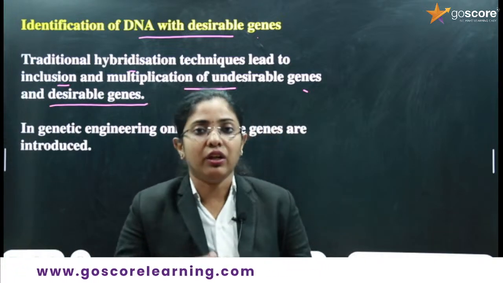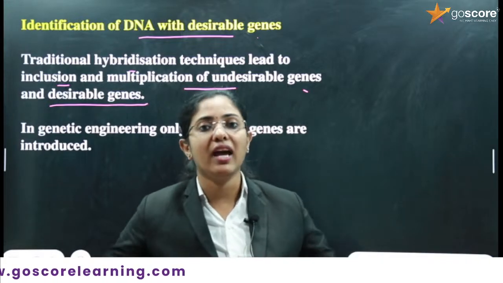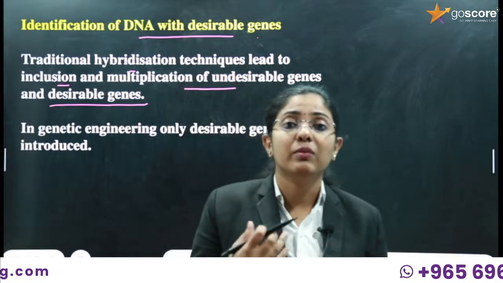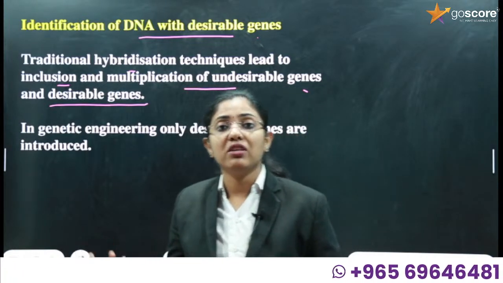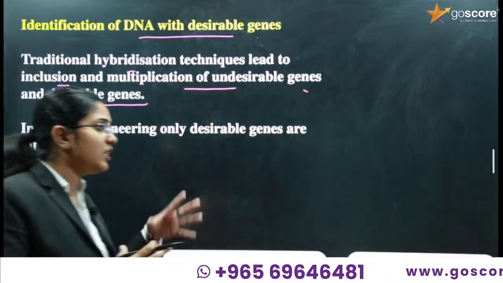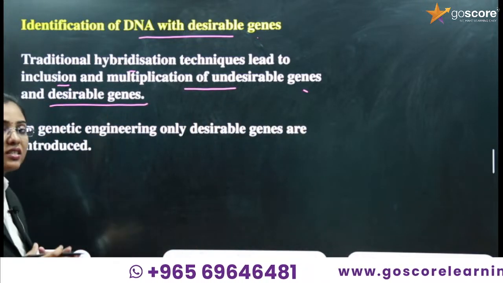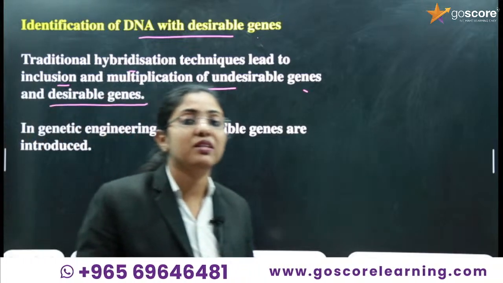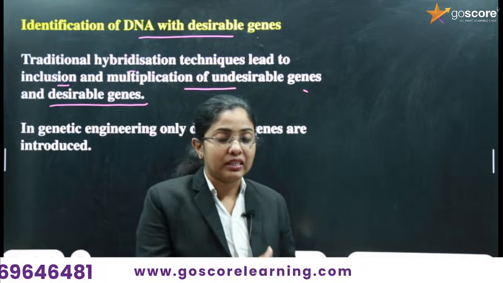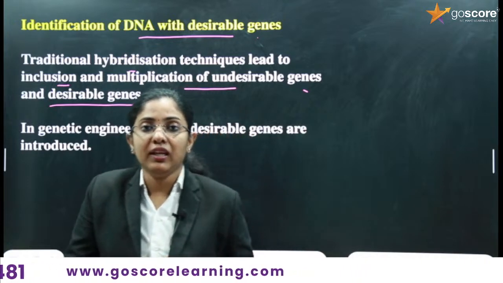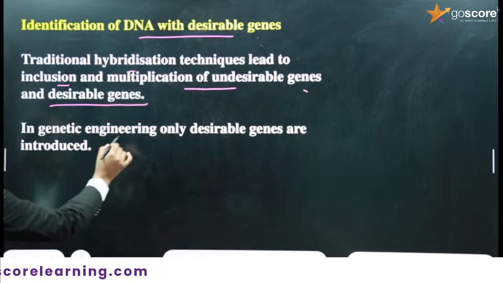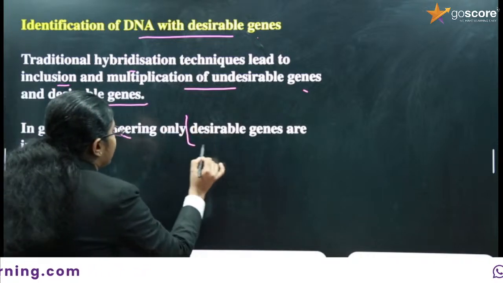During cross pollination all the characters will be mixed, undesired characters will also be taken, and they will be passed to the next generation. But in biotechnology only the desirable genes can be transferred from one generation to the next, and from the plant to the next host organism.